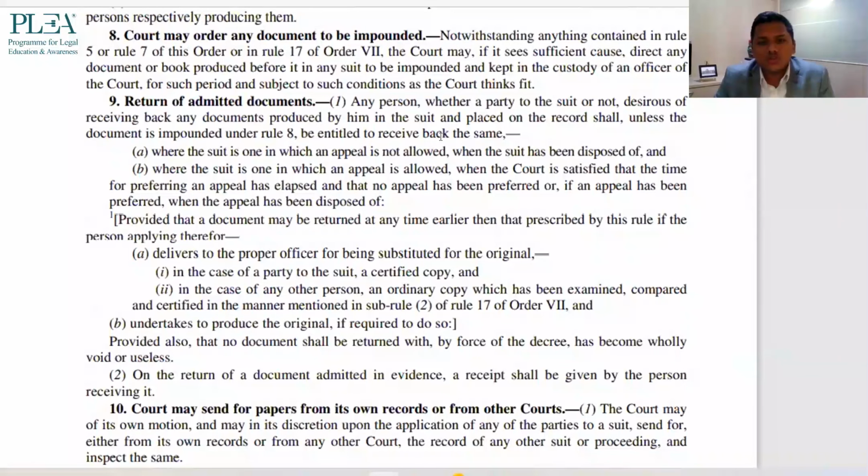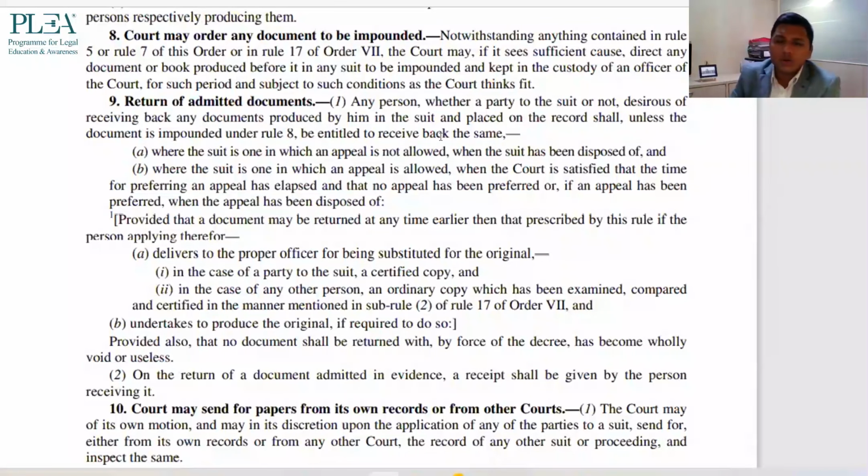A, where the suit is one in which appeal is not allowed, when the suit has been disposed of, and where the suit is one in which appeal is allowed, when the court is satisfied that the time for preferring appeal has elapsed and no appeal has been preferred, or if the appeal has been preferred, when the appeal has been disposed of.